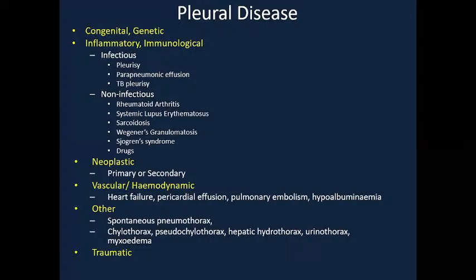Then neoplastic disease can be primary, like mesothelioma, or secondary, and the most important would be those related to breast cancer, CA lung, and also malignancies from more distant structures like carcinoma of the stomach, pancreatic CA, and so on and so forth.